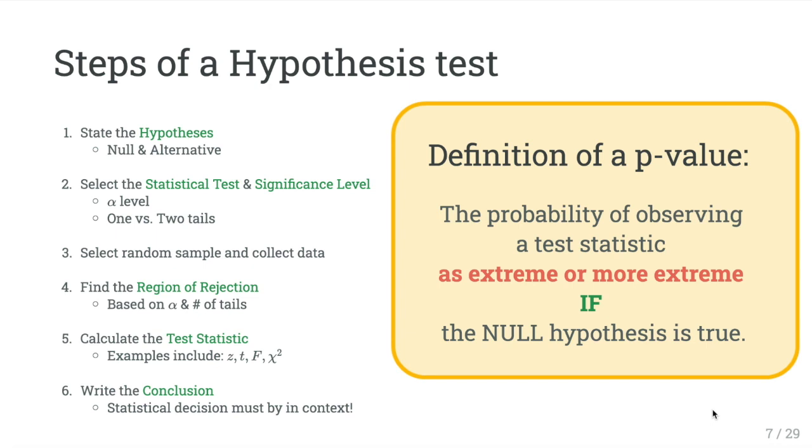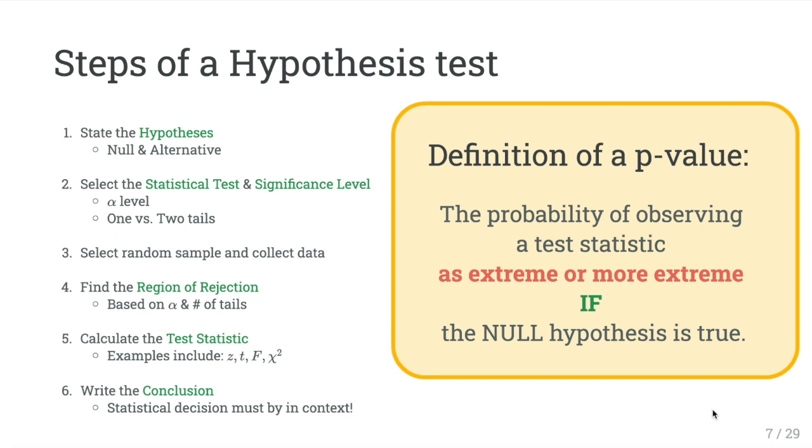Best way that I've seen to understand it is think about going to a place, a universe, where the null hypothesis is true. We're going to talk about what the null means, but generally, almost always, it means there's no relationship or there's no effect. So even if in our world, in real life, there is an effect, we're going to go to a place where there is not an effect, where it doesn't exist.